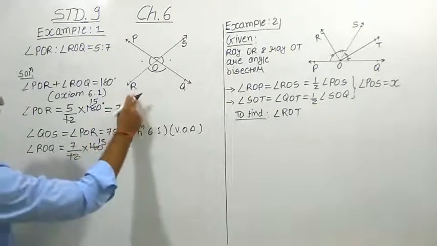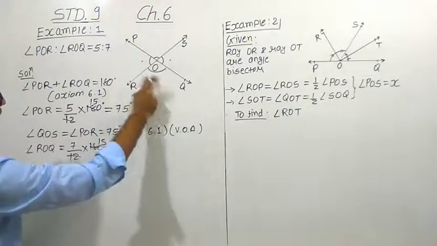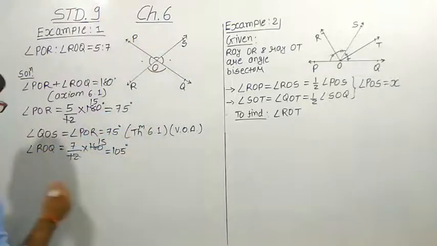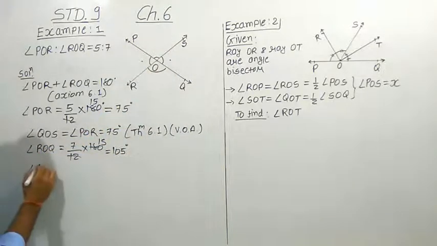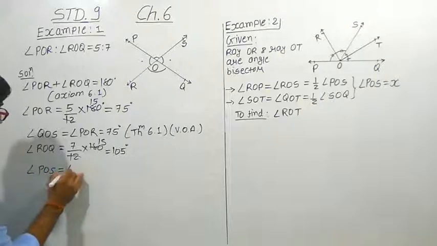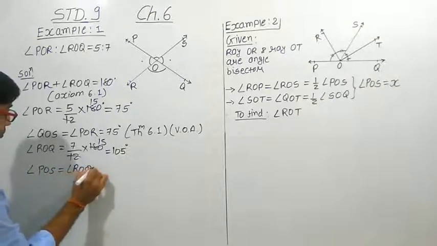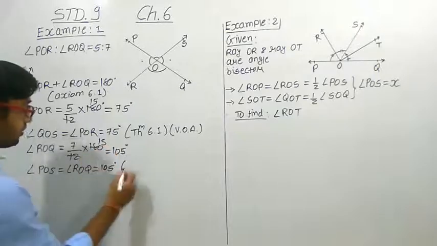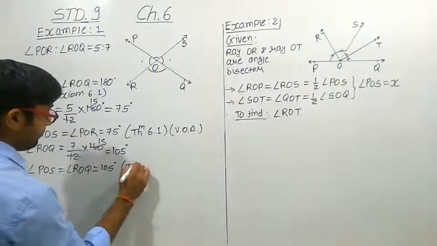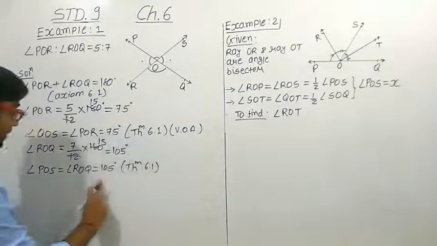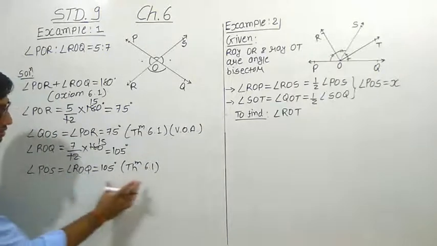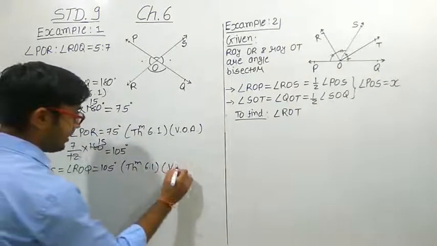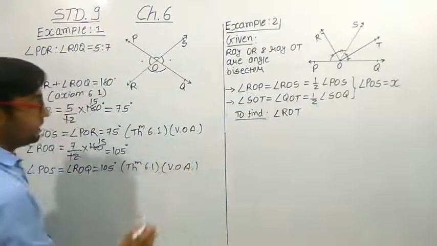And we know that according to vertically opposite angles, ROQ and POS are also equal. So we can write angle POS is equal to angle ROQ, and ROQ is 105 degrees using theorem 6.1. We can also write this as vertically opposite angles.